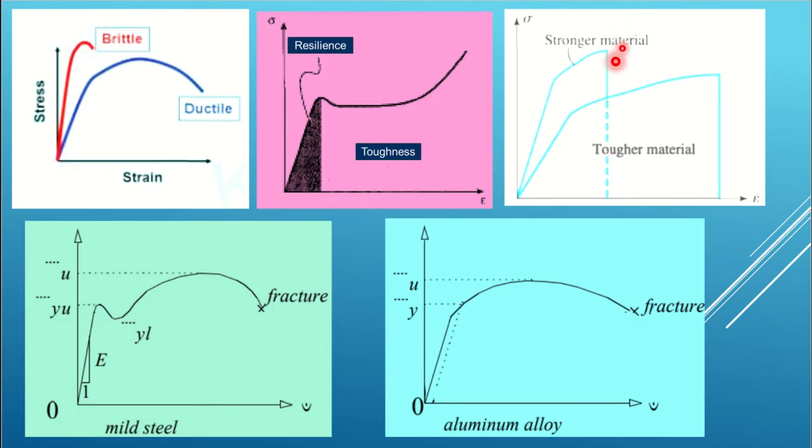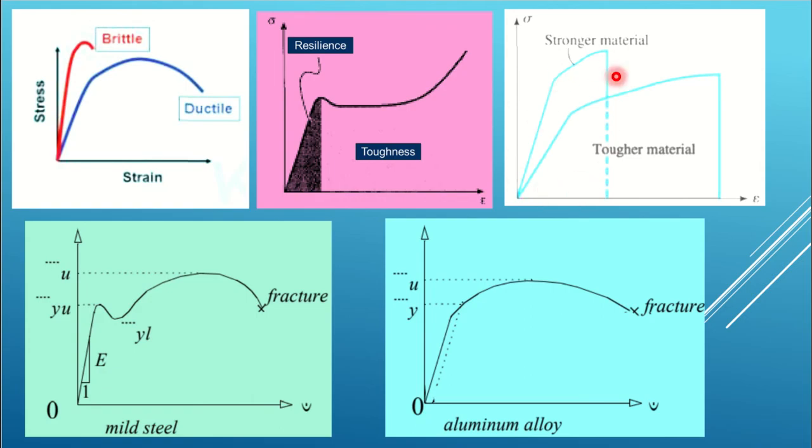Here you can see this one is a tougher material because the area is more. But in this other stress strain curve, the area is less. It is actually a stronger material because it can absorb energy up to the yield point, which is good. But after that this portion is less, so the entire area is less.